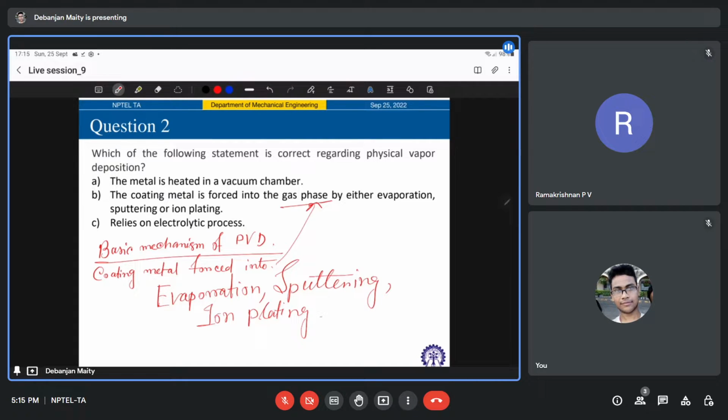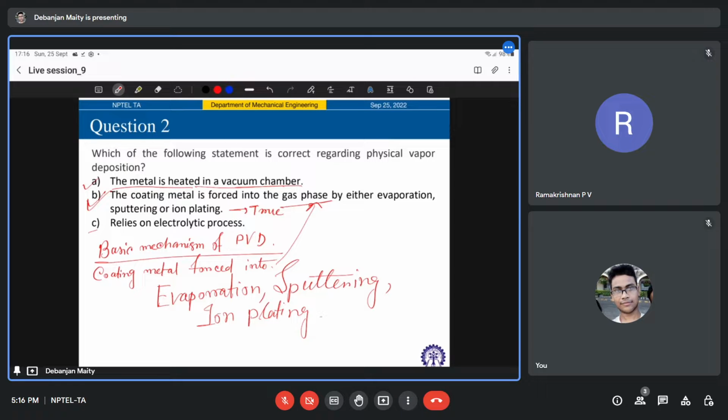So yes, in terms of physical vapor deposition, this statement is true, and this statement is also true because it is heated in a vacuum chamber. Otherwise, it will react with air, and there can be some kind of oxidation if it reacts with air in the atmosphere. And then the third statement says that it relies on an electrolytic process.